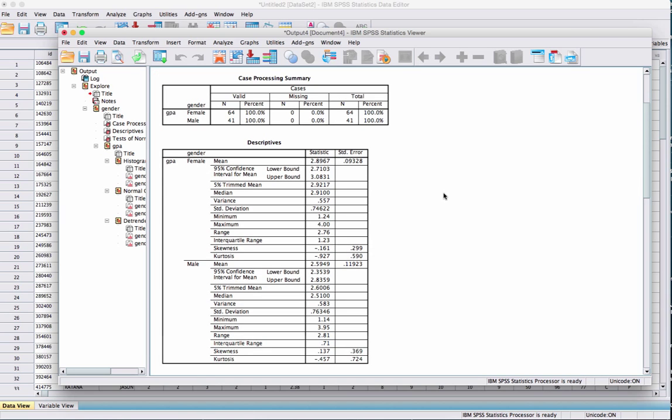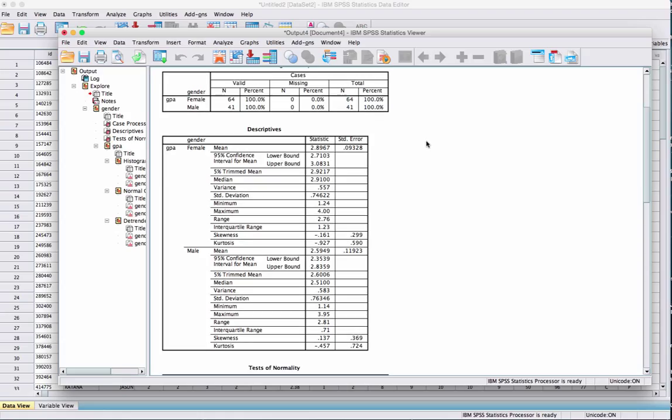Now, in this case, you see that we have our numbers in the case processing summary. So you want to check those to make sure they add up to the total number that's in our analysis. And you see that the mean for females is 2.8967. And the mean for males is 2.5949.